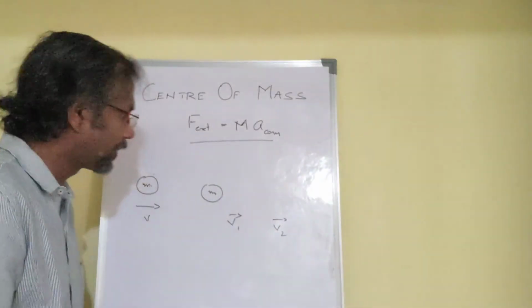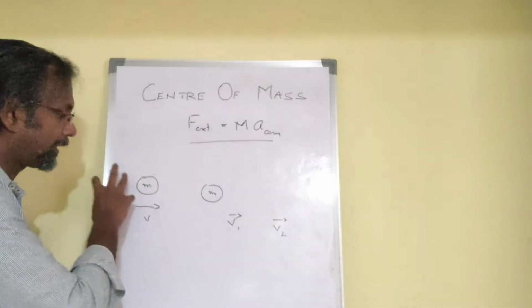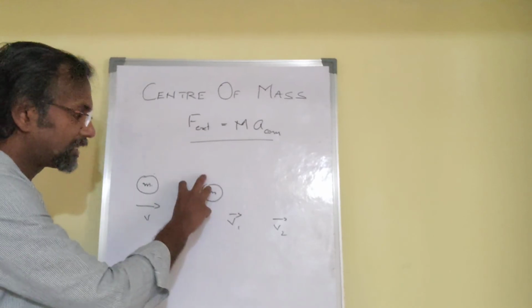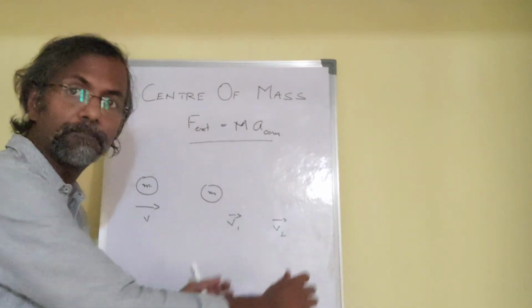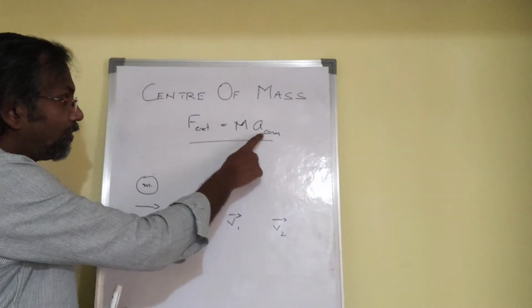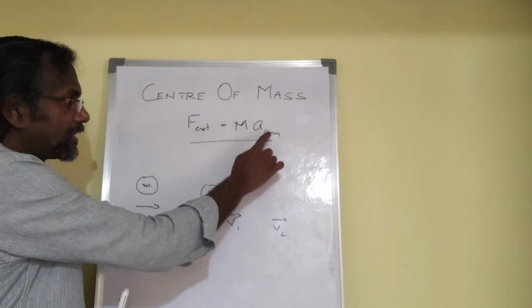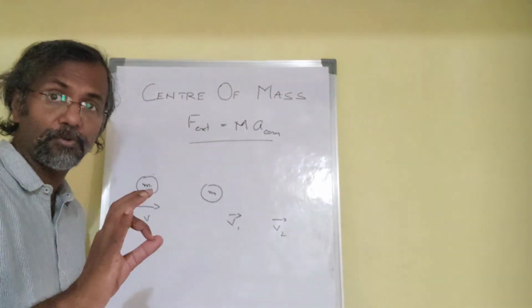I'll give you the concept first. Since there is no external force applied, when this ball goes with velocity v, hits the other ball, and they move at v1 and v2, the external force is zero. So the acceleration of the center of mass is zero.